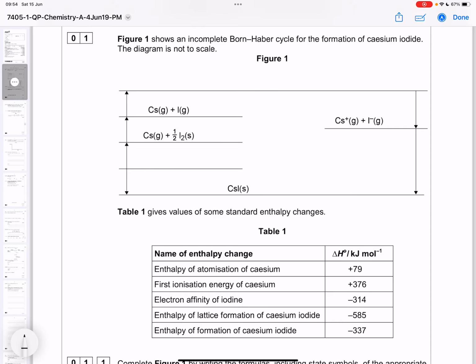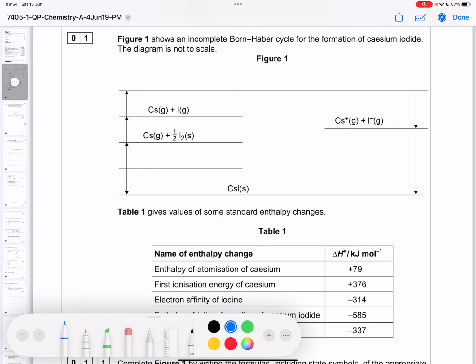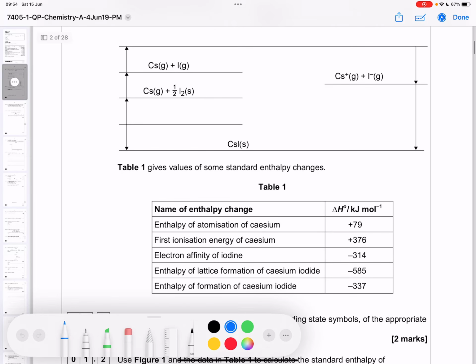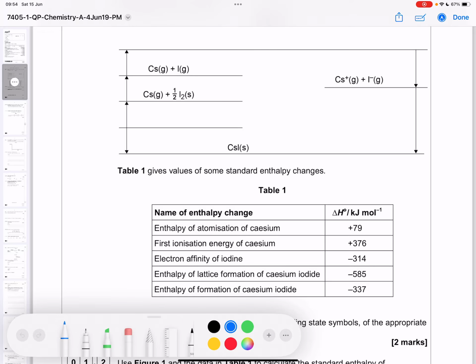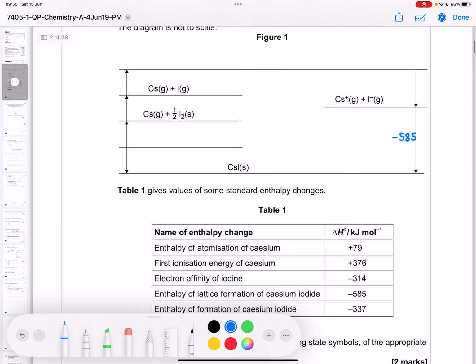So if we start to think about what changes are already present on our cycle, they've already shown us down here gaseous ions to solid ionic lattice. And if we look at the values, that would be the lattice formation, so minus 585. This arrow on the right hand side shows the enthalpy of lattice formation of cesium iodide.